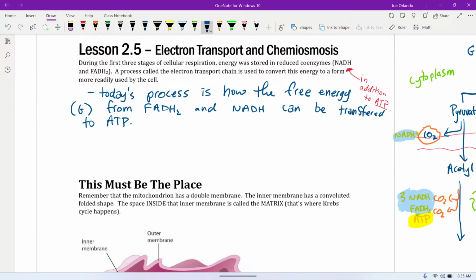So basically what we want to do is take NADH and oxidize it down to NAD plus with the H plus off of it, and we want to then use that energy coupled with a reaction that will take adenosine diphosphate and a phosphate group floating around in the mitochondrion and turn it into adenosine triphosphate. We want to couple these reactions.